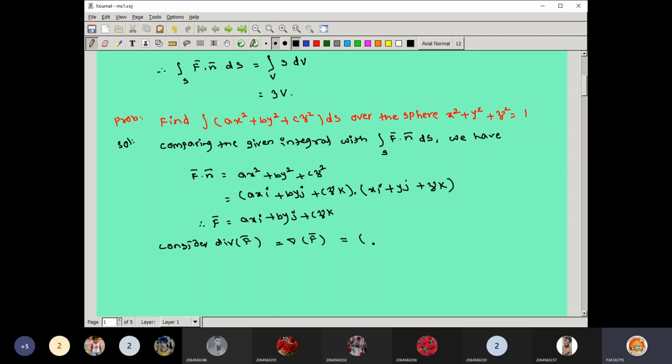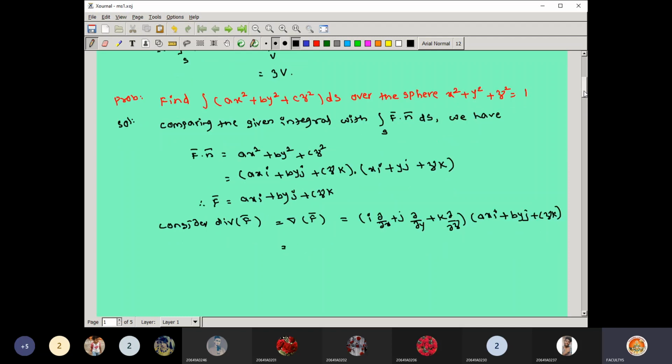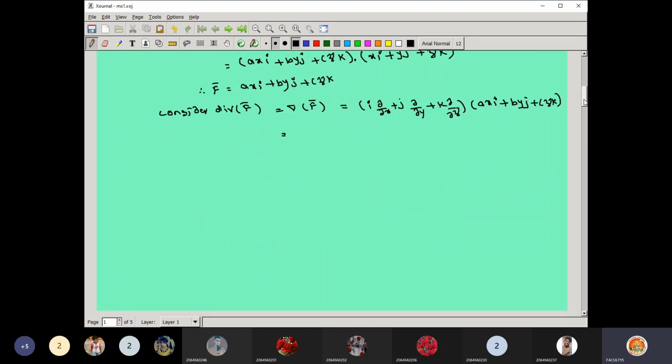The definition is i ∂/∂x plus j ∂/∂y plus k ∂/∂z, and your f bar is nothing but ax i plus by j plus cz k. So you take the dot product: i to i, j to j and k to k. For that, i squared is 1.